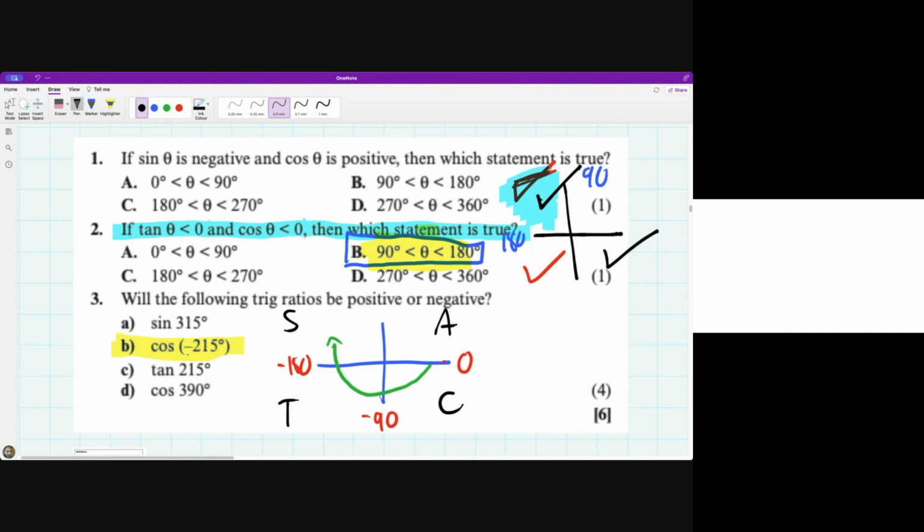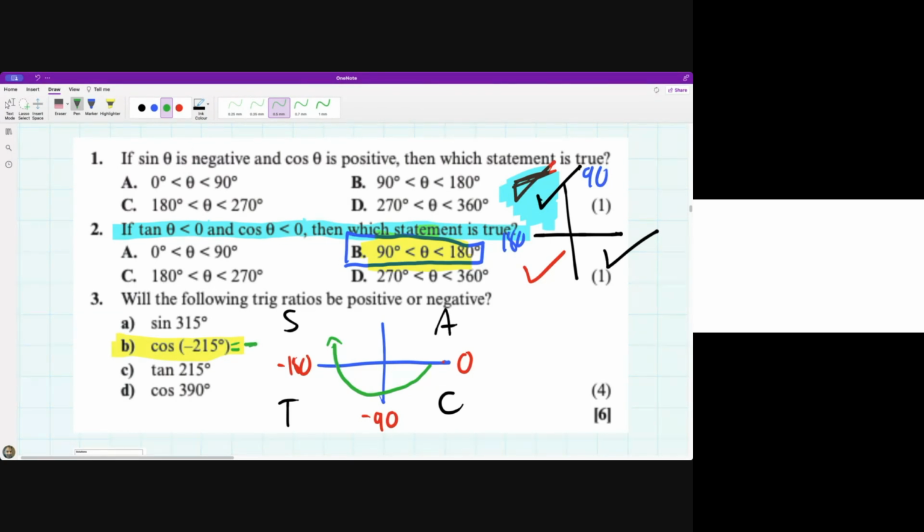So the cos of an angle, is it positive or negative in quadrant 2? It's negative. Yeah, so watch out. The cos of minus 215 is going to be negative. So that's a sneaky one, because you need to know that it goes the opposite direction.